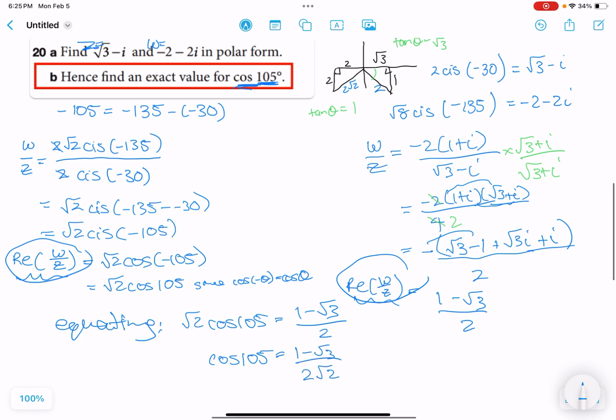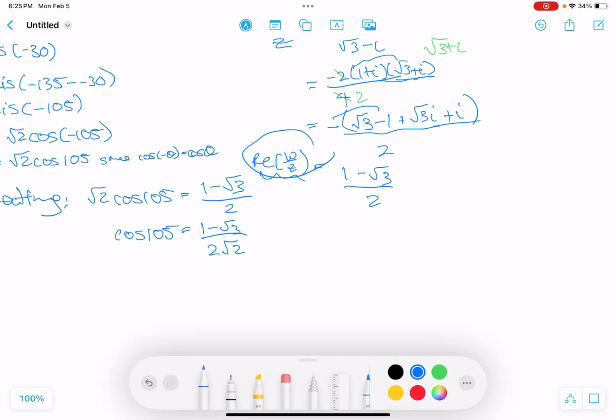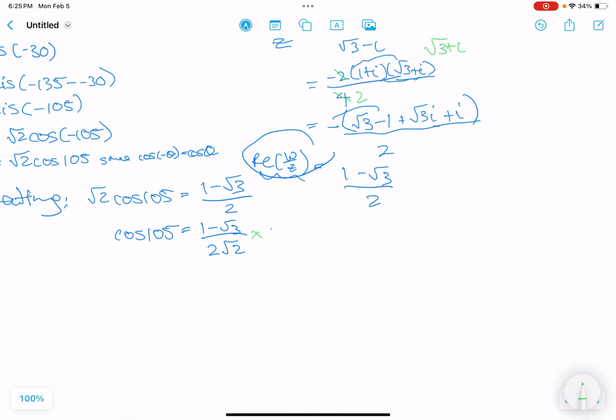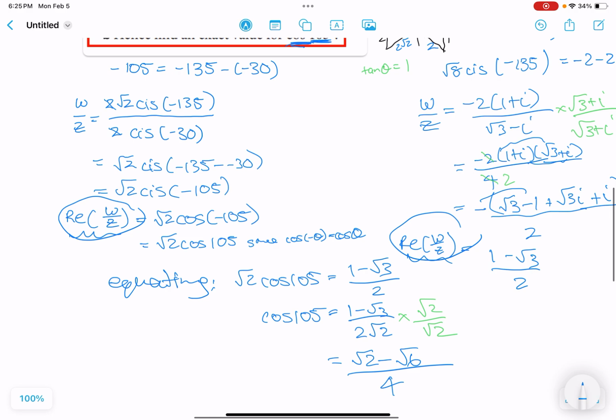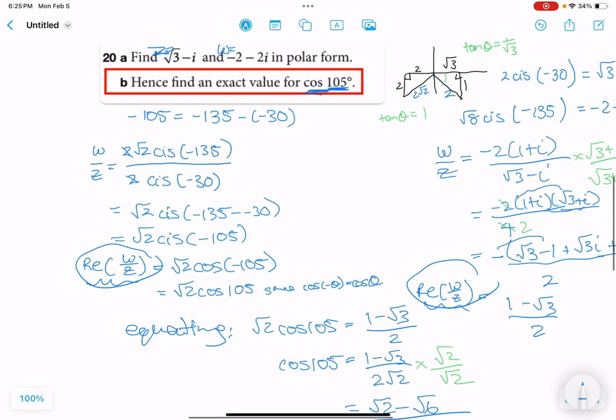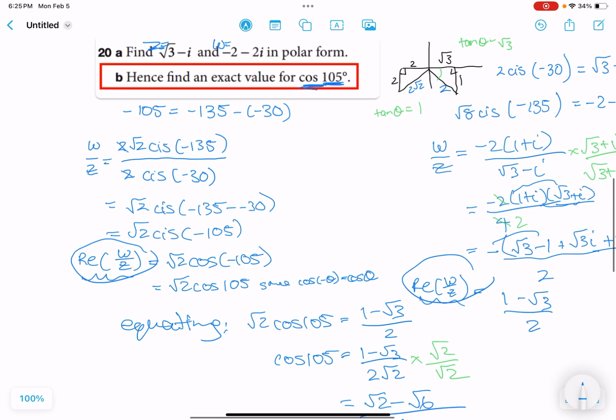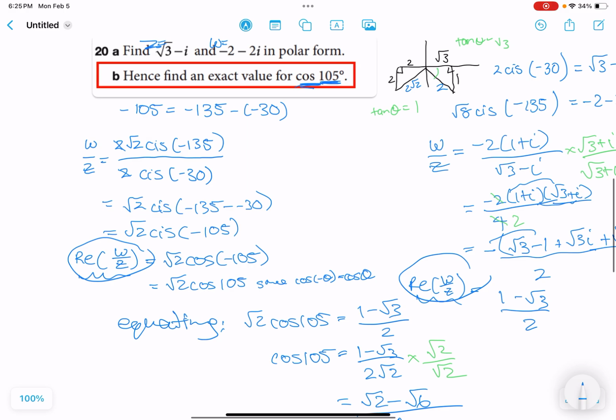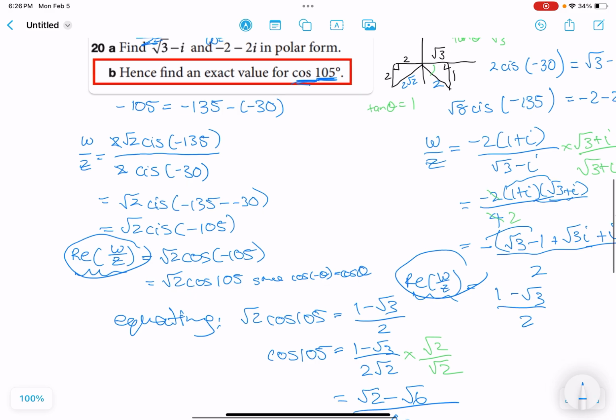And then, of course, we want to times by root 2 on root 2. And then we can see we've got root 2 times root 6 on 2 times 2 is 4. Okay, so that's how we go about using our Z and W in Cartesian form or in polar form. We're using Cartesian and polar form and equating to find the exact value.